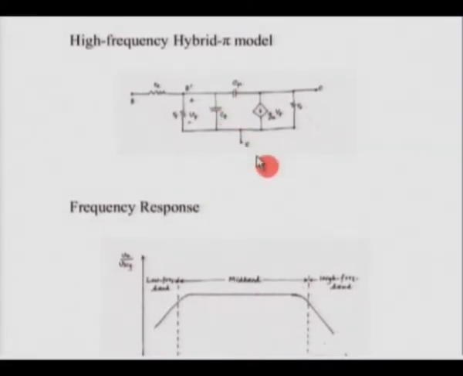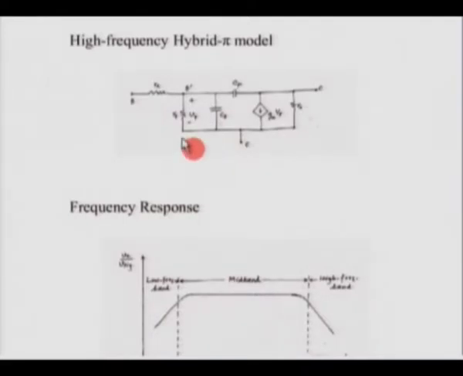Now we can have some insight into the performance of a common emitter amplifier without going into detailed analysis. We can have a quick look at the model and try to have an idea about the high frequency response of the common emitter amplifier.